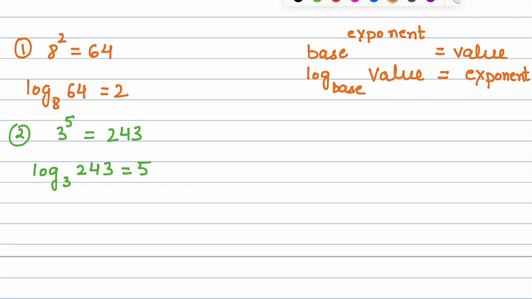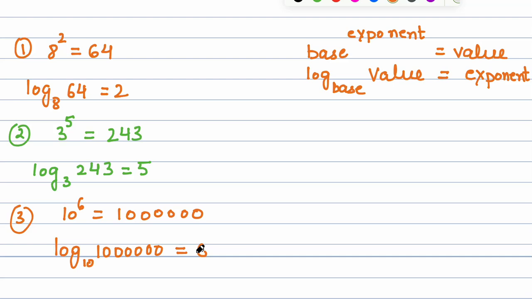Let's practice one more question. 10 to the power 6 is equal to 1,000,000. Now in terms of log, the base will come here: log base 10 of 1,000,000 is equal to 6. This is how we convert it.